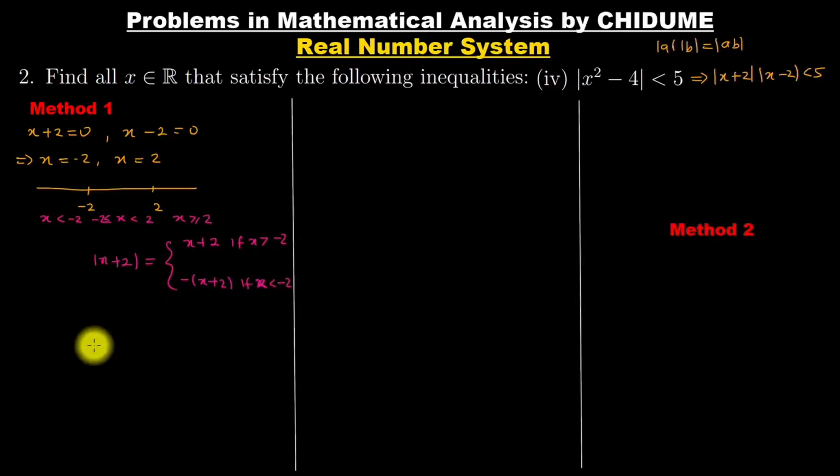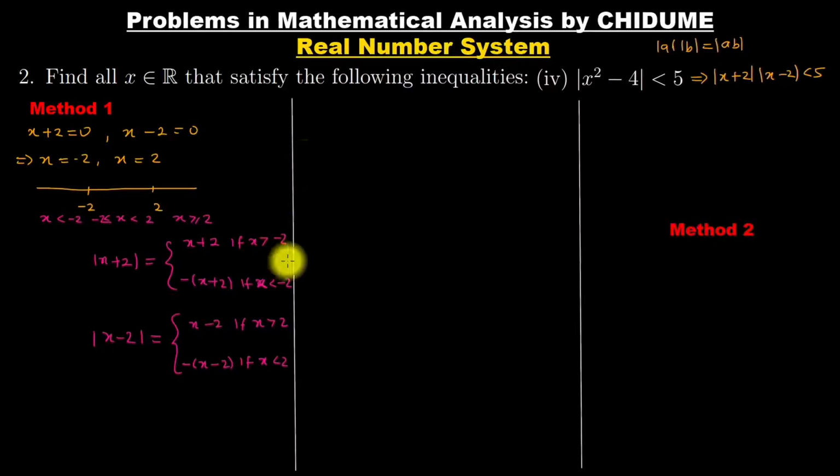And again, the absolute value of x minus 2 is going to be x minus 2, that's if x is greater than 2. And here we are going to have this to be negative of x minus 2, that's if x is less than 2. Okay, so let's now try to solve those cases one by one.